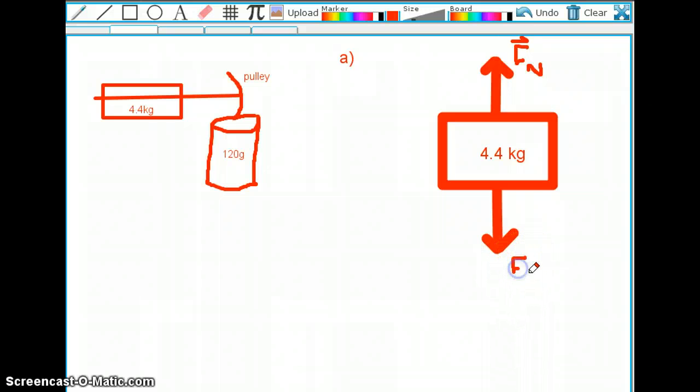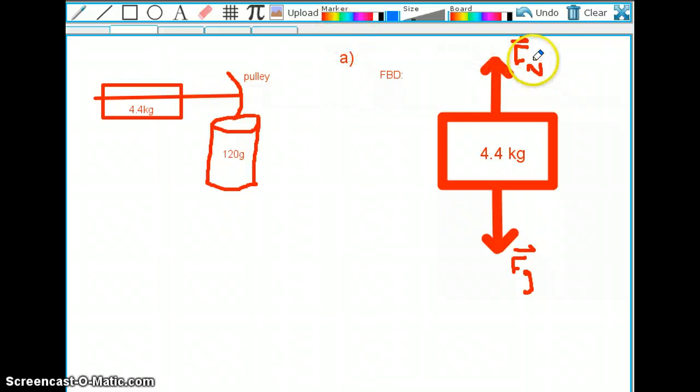And this is F subscript g, your force of gravity. So that's it. That's your free body diagram right there. It's really simple, but it's needed for the problem. So make sure you draw the correct free body diagram. Your next step essentially would be to calculate. What can you calculate?